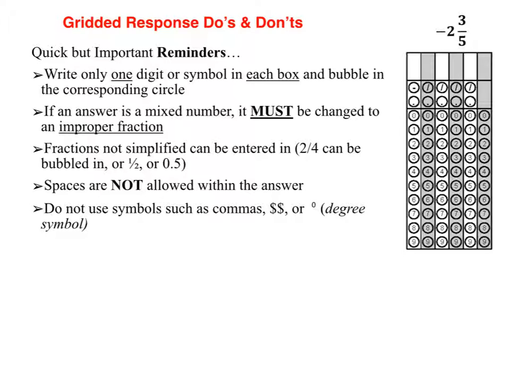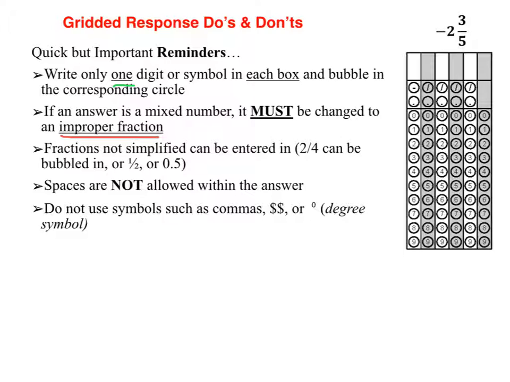So here are some quick reminders about the gridded response questions on the mock EOG and the real EOG. You can only write one digit or symbol in each box and bubble in the corresponding circle underneath. If an answer is a mixed number, it must be changed to an improper fraction. No mixed numbers can be put into the grid.